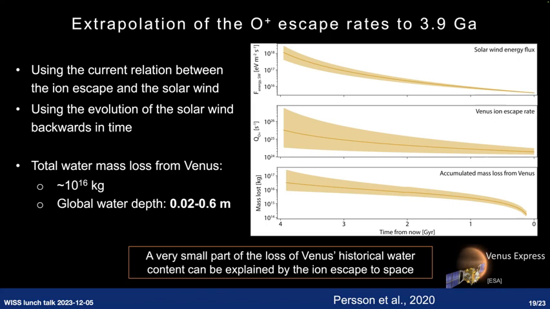Maybe there was a different type of escape than what we have looked at here. Or maybe Venus didn't have as much water as we thought in the beginning of its history. And that's a very interesting result. And it makes Venus very interesting. It has these complicated things that we still don't really understand.